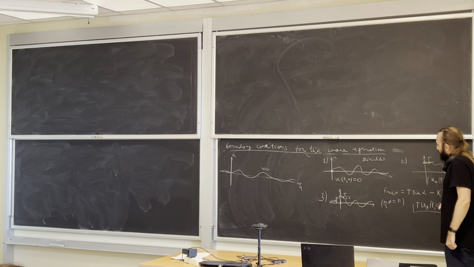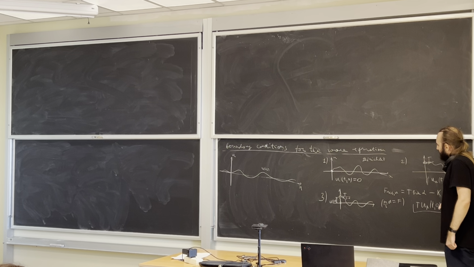So u of 0, x equals u0 of x, u_t of 0, x equals u1 of x, and also some condition on the left boundary.